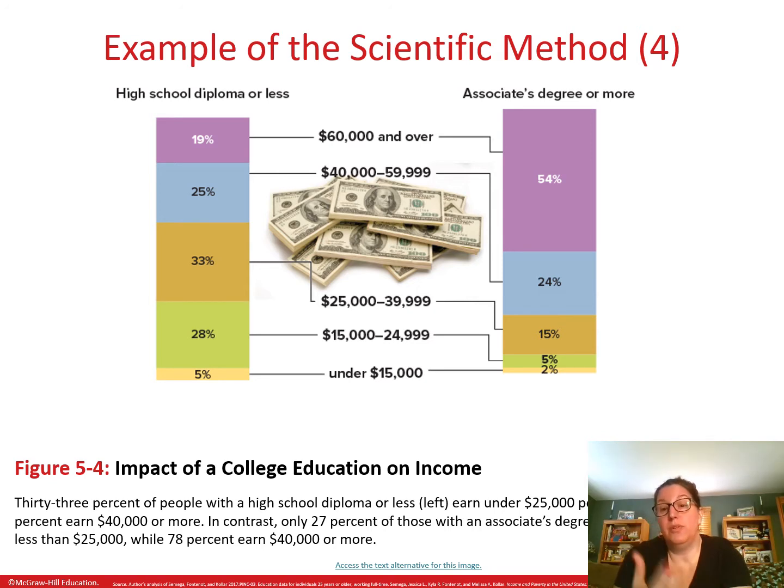So you've got more people with a higher college degree making those higher income levels, when only 19%, close to 20%, with a high school diploma. So it's a smaller percentage of those without a college degree that would be making that high income. And the more people with a high school degree are only making 25 to almost 40,000 a year.